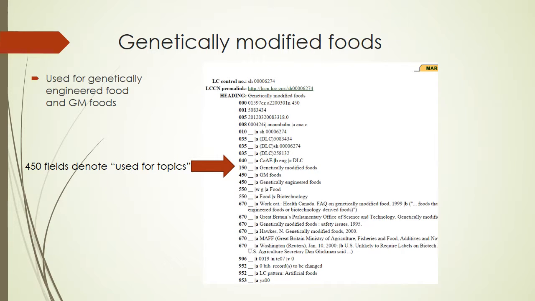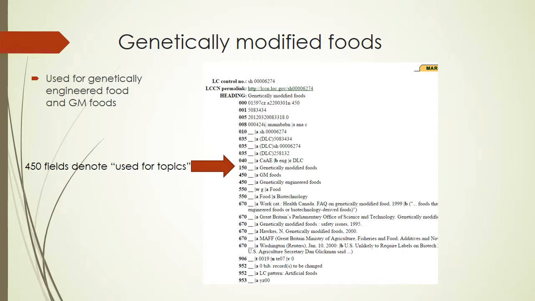So here's our genetically modified foods LC authorities file record. You can see it's laid out in LC MARC fashion with different field labels, different MARC field numbers listed here.